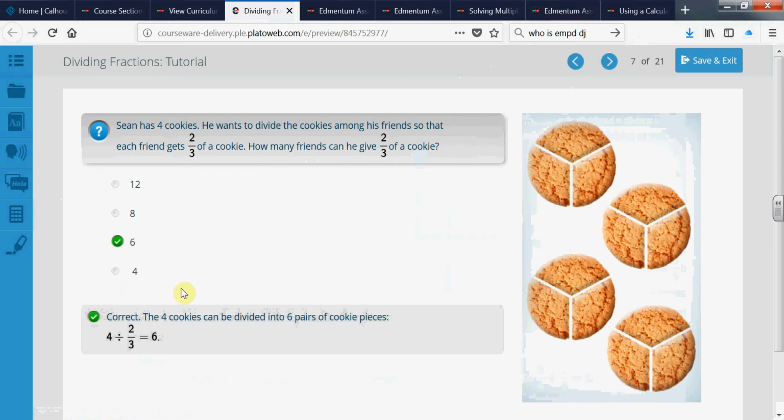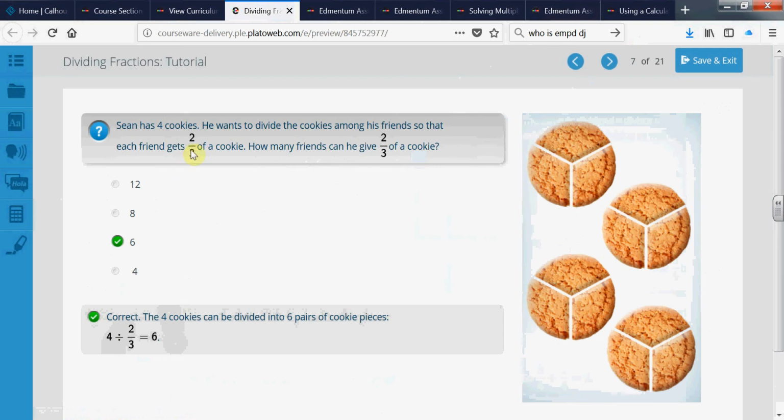And when you simplify that, 4 times 3 is 12, divided by 2. You get 6. Right?